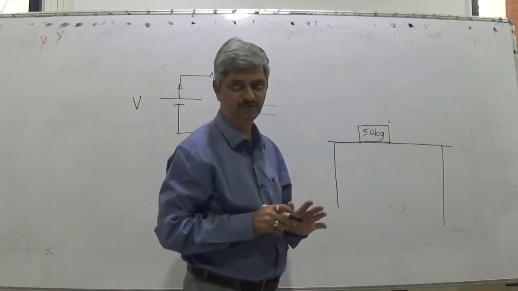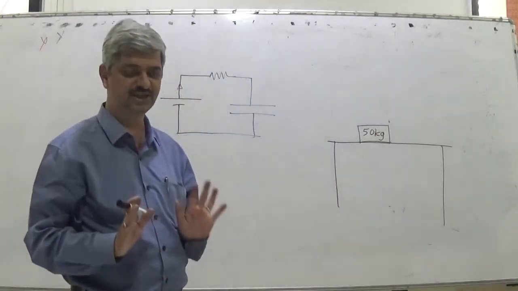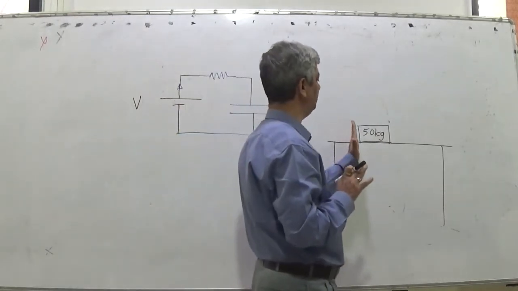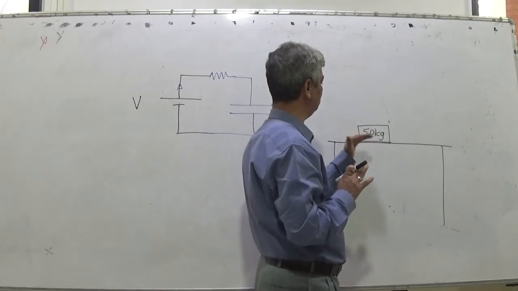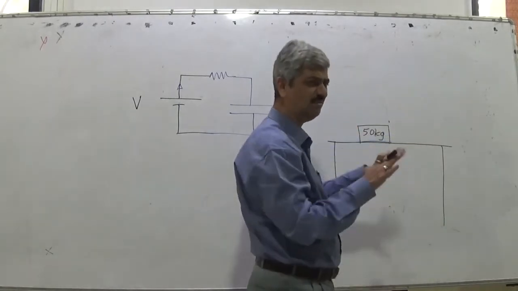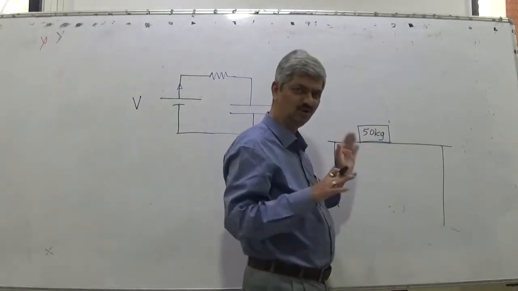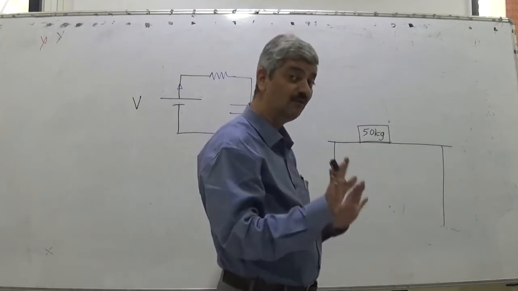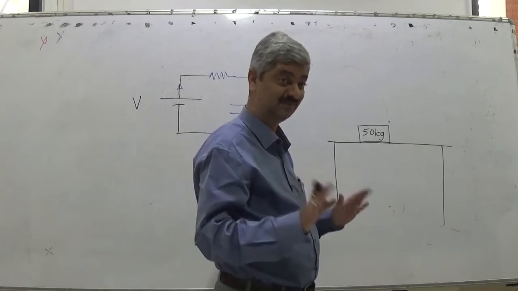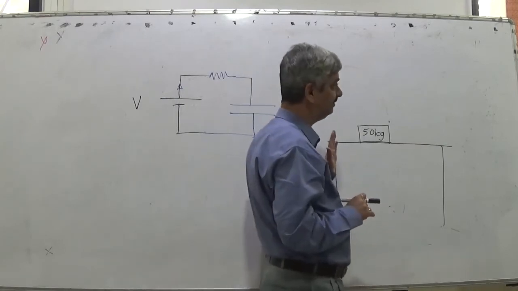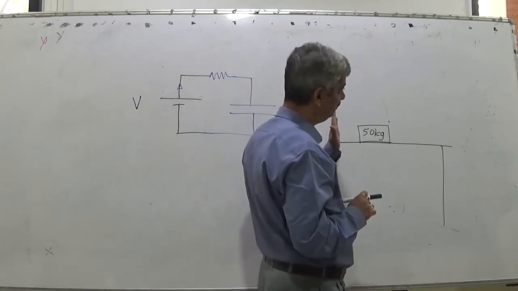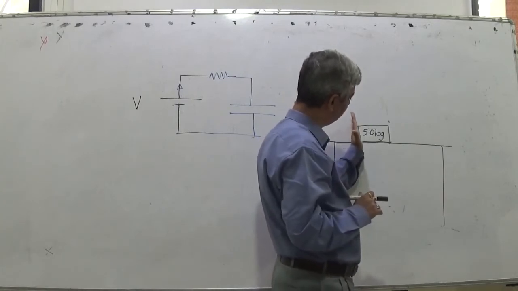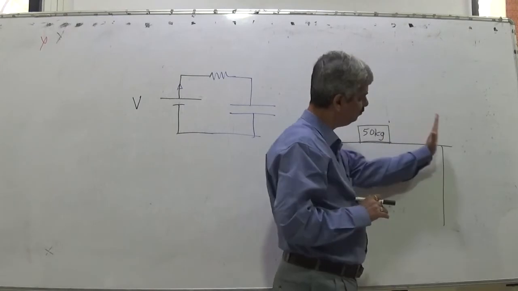The surface of the table is normal, not too smooth, not too rough, normal surface. Friction is there, and you want to move this 50 kg cube from here to here.